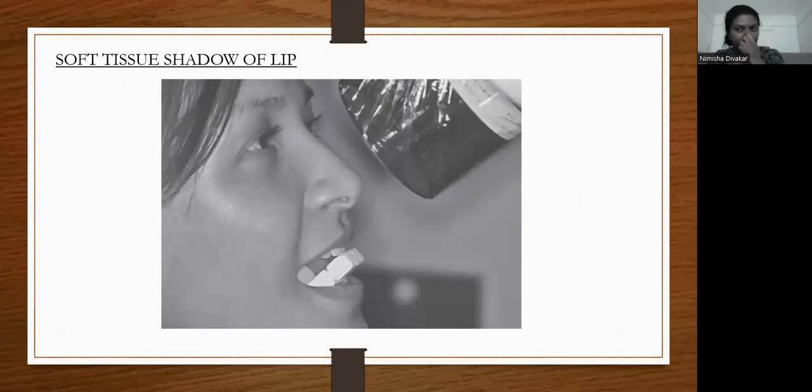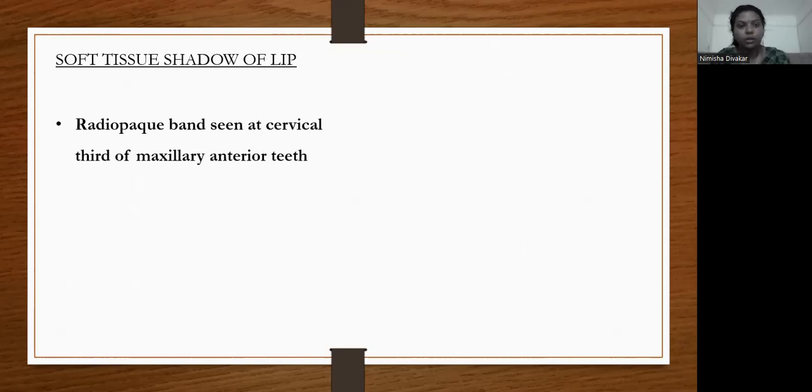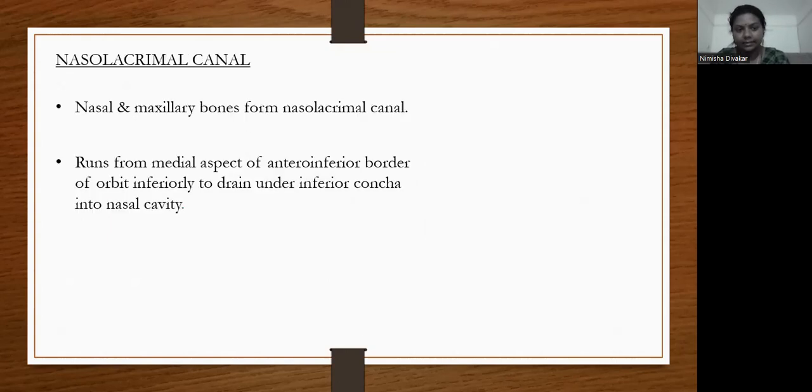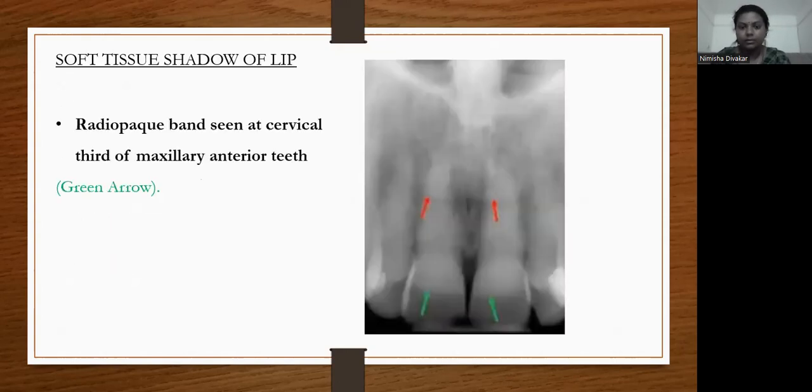So this is the exact positioning of the patient and X-ray tube while taking an anterior X-ray. The soft tissue shadow of the lip appears as a radio-opaque band seen at the cervical third of the maxillary anterior teeth.